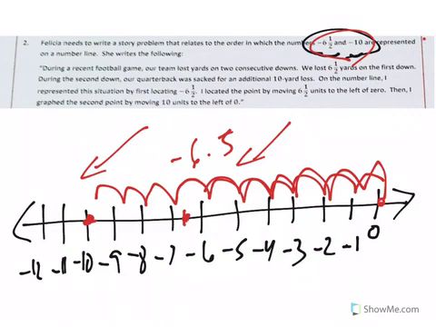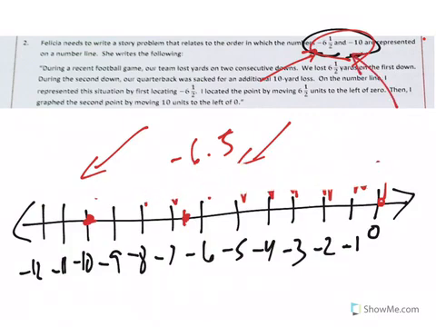So if you're just looking at each play individually, yes, then this would make sense. Because on the first play, they lost 6.5 yards. On the second play, they lost 10 yards. Now, I'm going to give you a different look at this here. So that is the correct answer according to Engage New York.